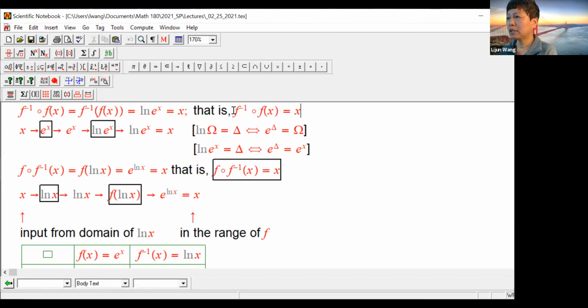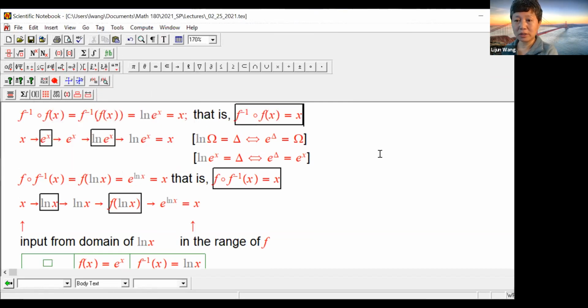So I'm going to single these two out and ask some questions and give you some answers. When two functions are inverse to each other, not only do their domain and range have that special relationship, one's domain the other's range, vice versa, they also have these two properties. So I'm going to bring these two together.